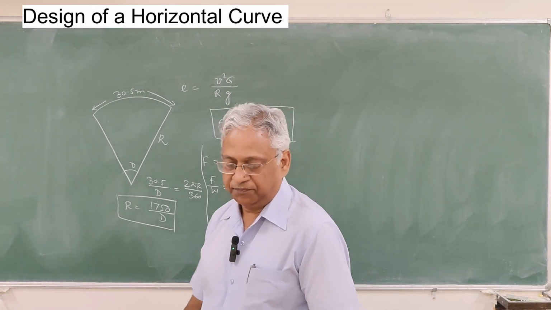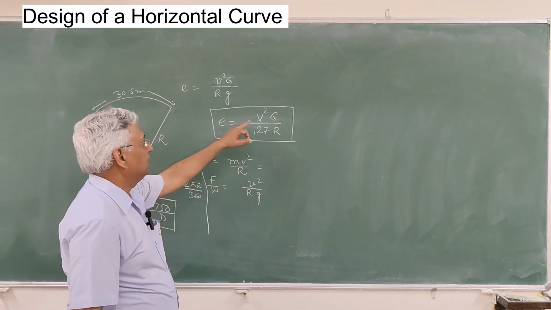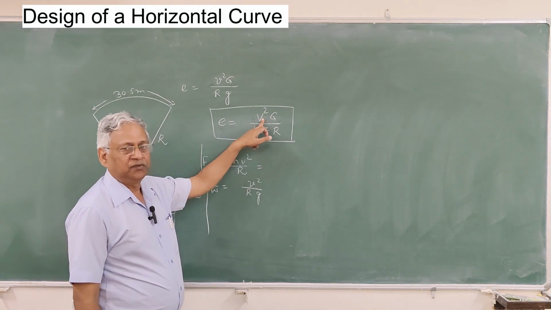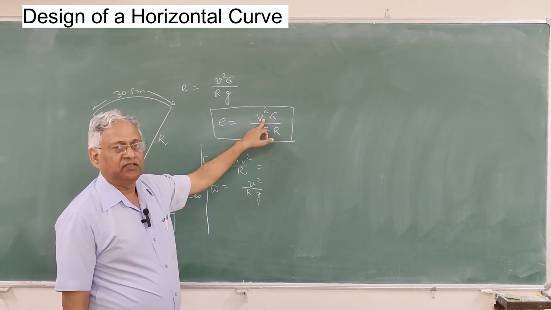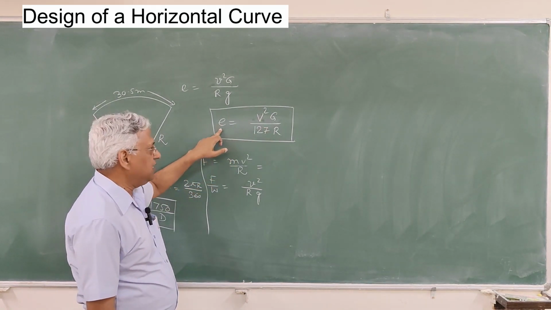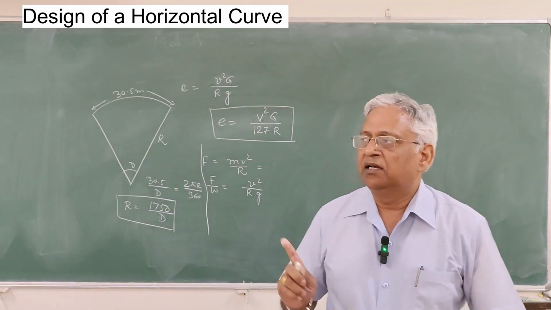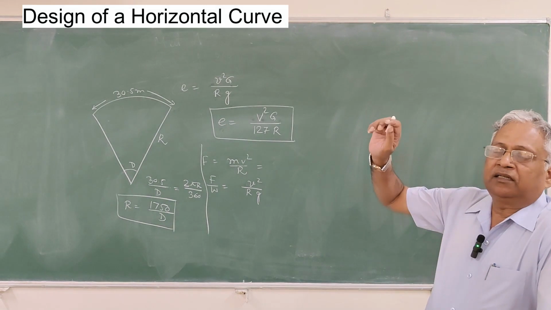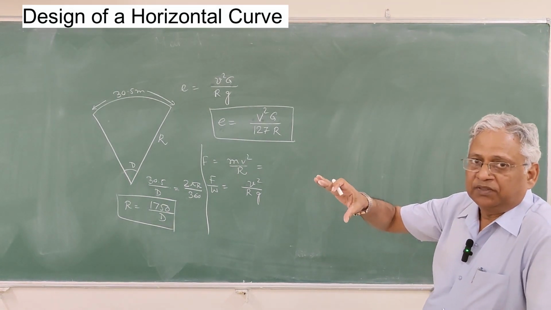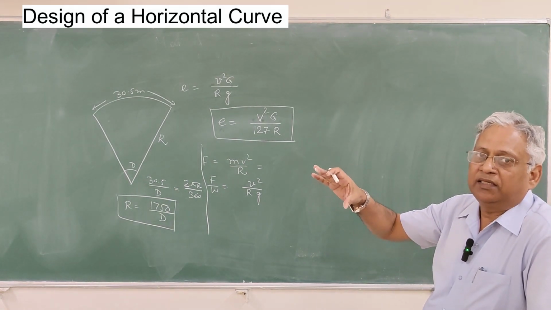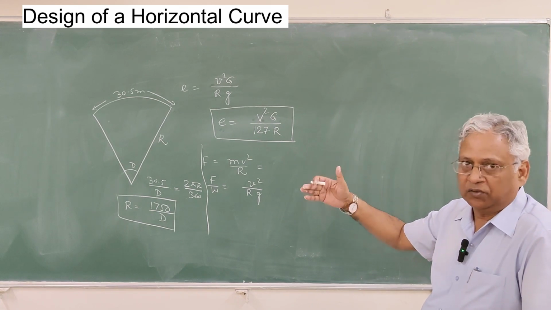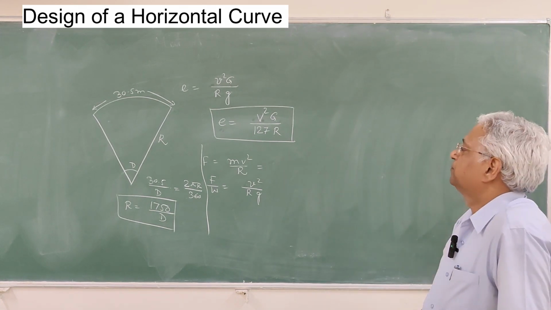Now a train moving at speed V on a horizontal curve, which is provided with superelevation of E, will have no unbalanced force. Means the centrifugal force is completely balanced by the component of centripetal force or weight of the train.